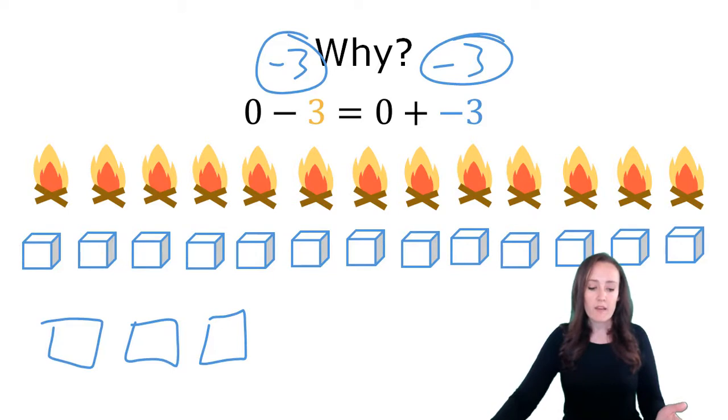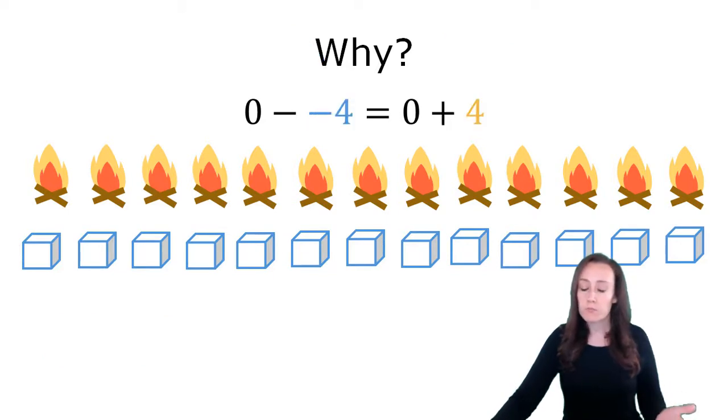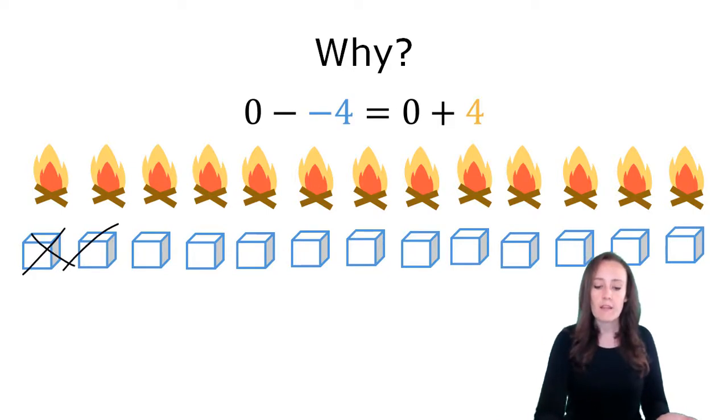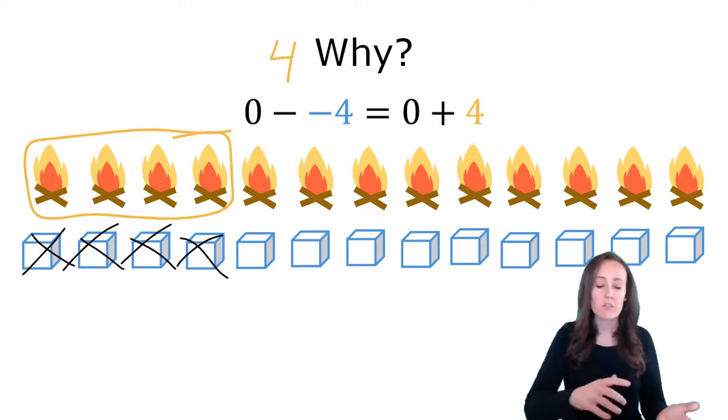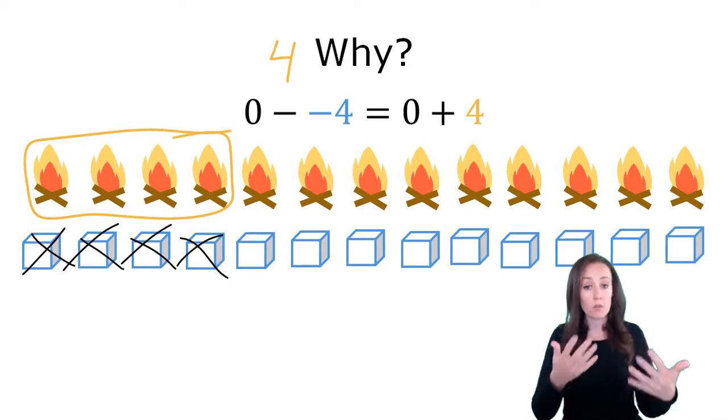And you could look at that for if you were subtracting negatives as well, because if you were to take away 4 ice cubes, you would end up with a +4 because these 4 fires would not have ice cubes to put them out.